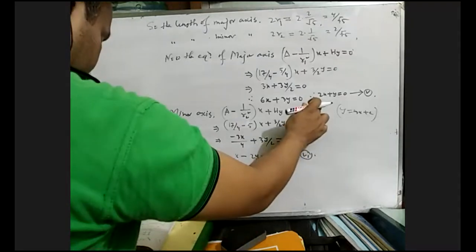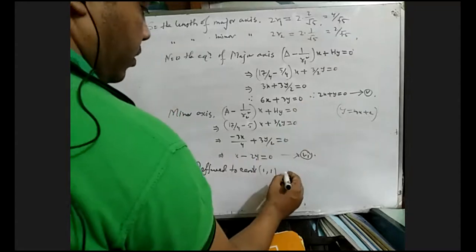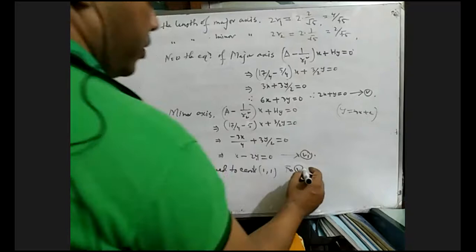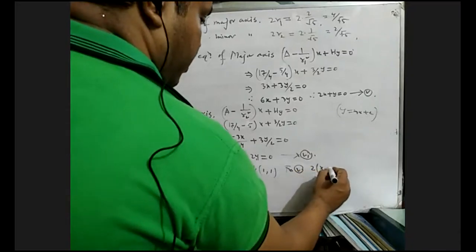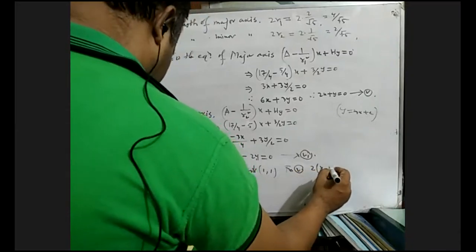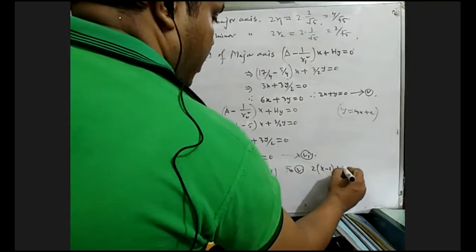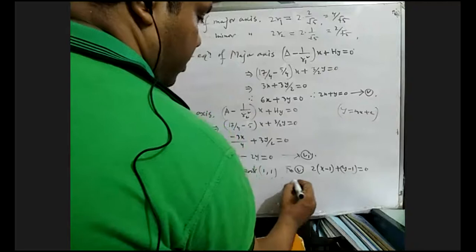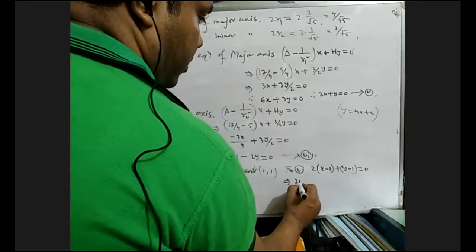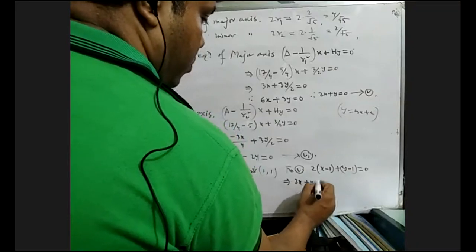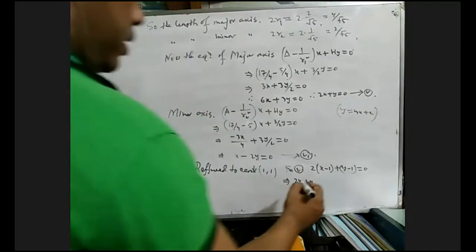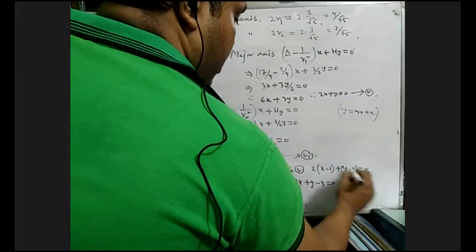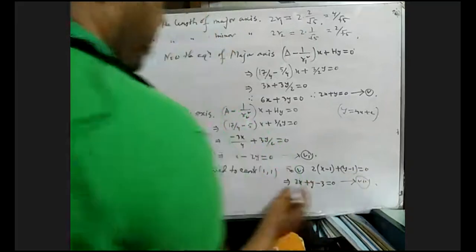This can be written as, from 5, x becomes x minus 1 and y becomes y minus 1. Okay, this equals to 0. So from this equation we can write twice x plus y minus 3 equals to 0. This is equation number 7.